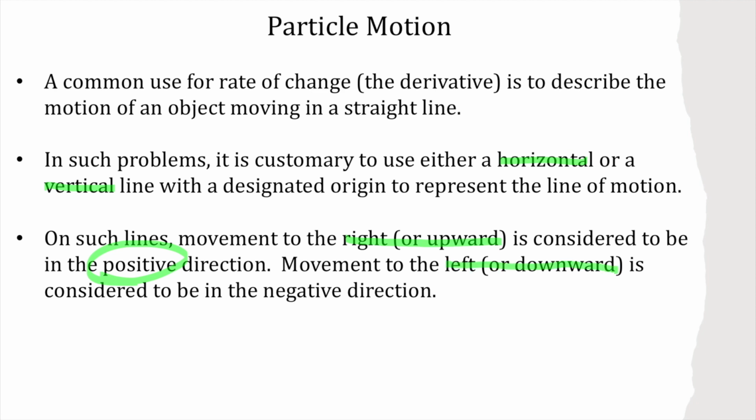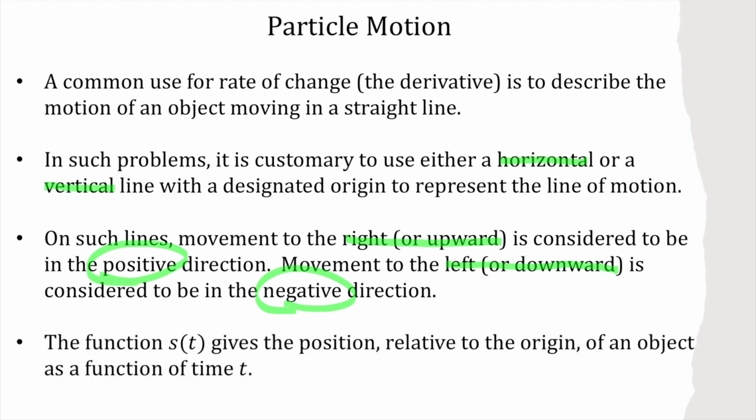Movement to the left or downward is a negative direction. And as we talked about last time, the function s of t gives the position relative to the origin of an object as a function of time t. So that's a quick introduction.